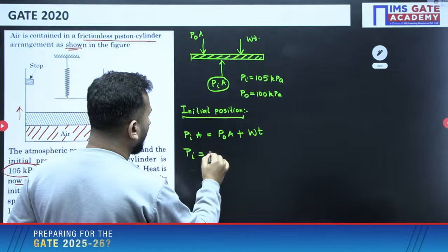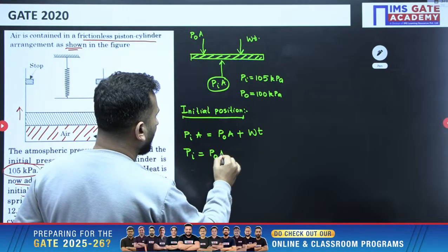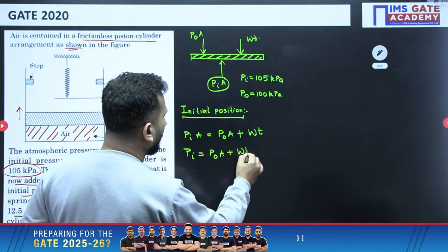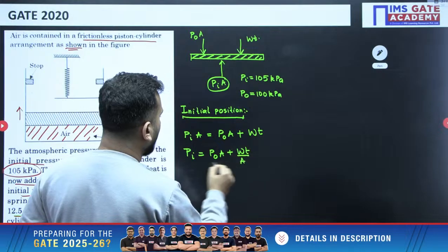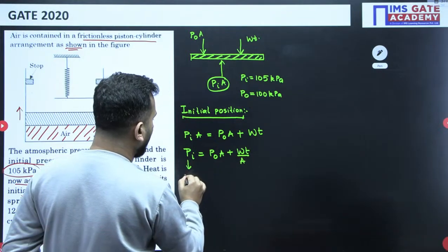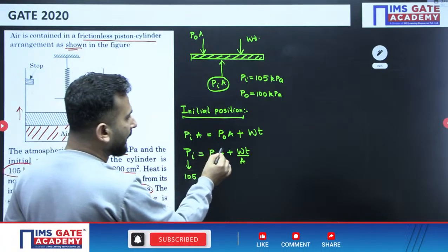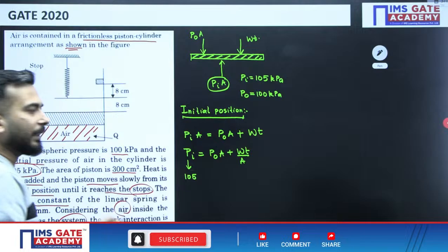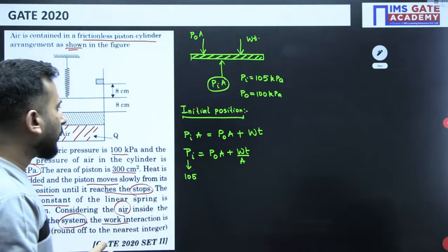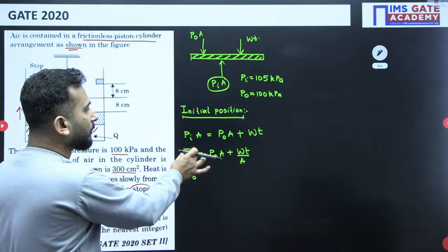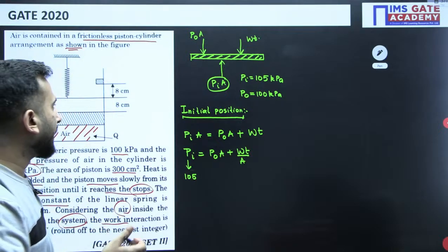Pi I can just write as P naught plus weight of the piston by area. That initial pressure is given as 105. So see my dear friends, P naught is constant, area is constant, weight is constant. So the right hand side is all constant, so the left hand side is also constant, and that means what?